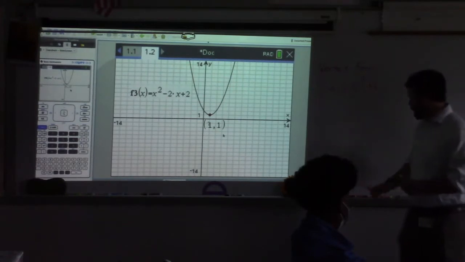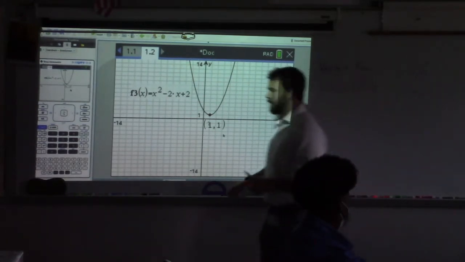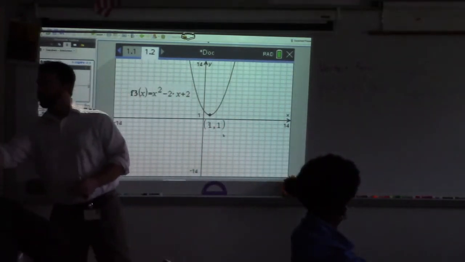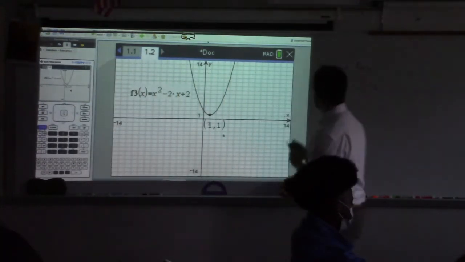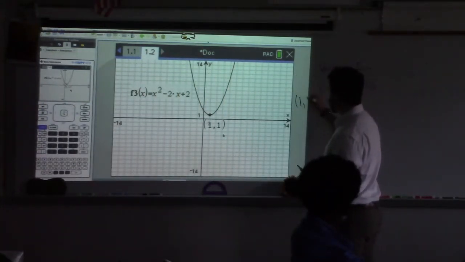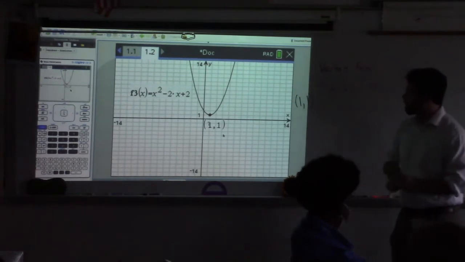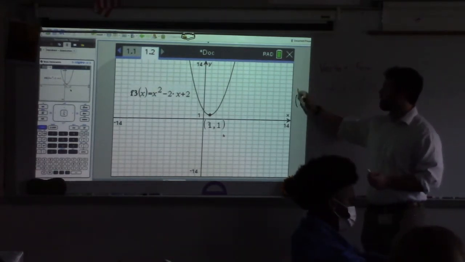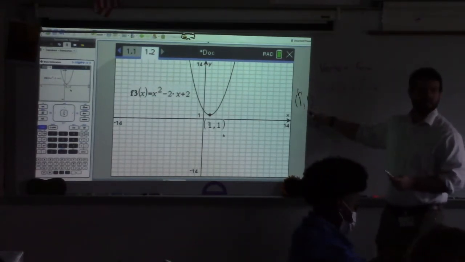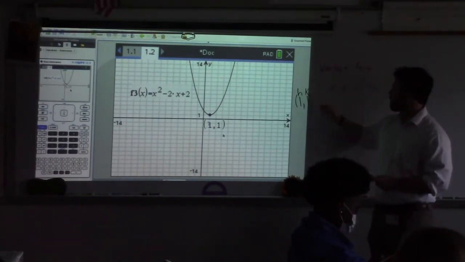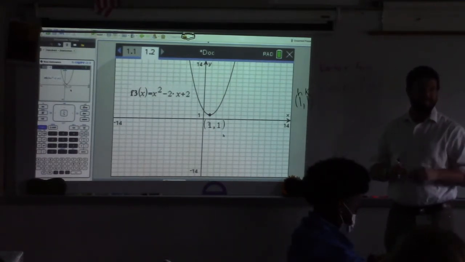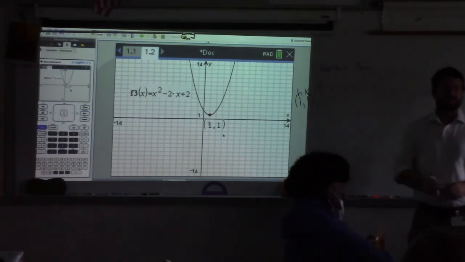What do we know about the vertex? It's (1, 1). And so the first one is my what from the equation? h. That one is a k. You good with that? (h, k) is your vertex.